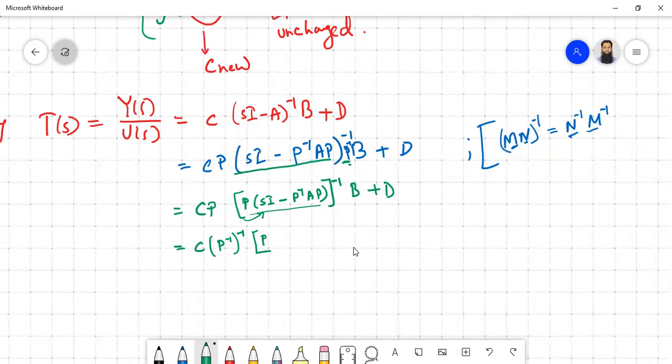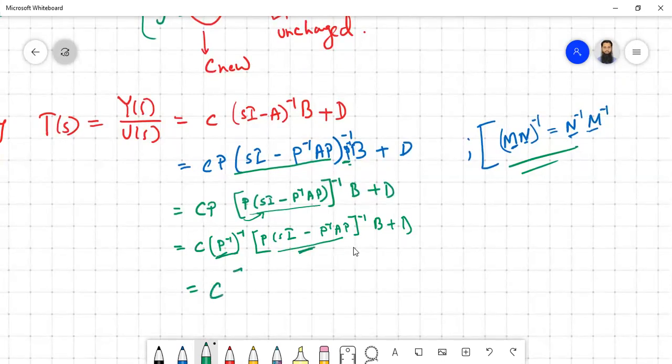So now P (sI minus P inverse AP) inverse B plus D. Now this thing is also an inverse, and this thing is also an inverse. So if you now try to plug it in, we actually have to reverse the direction as per this identity. This one will be going last and this one will be going first.